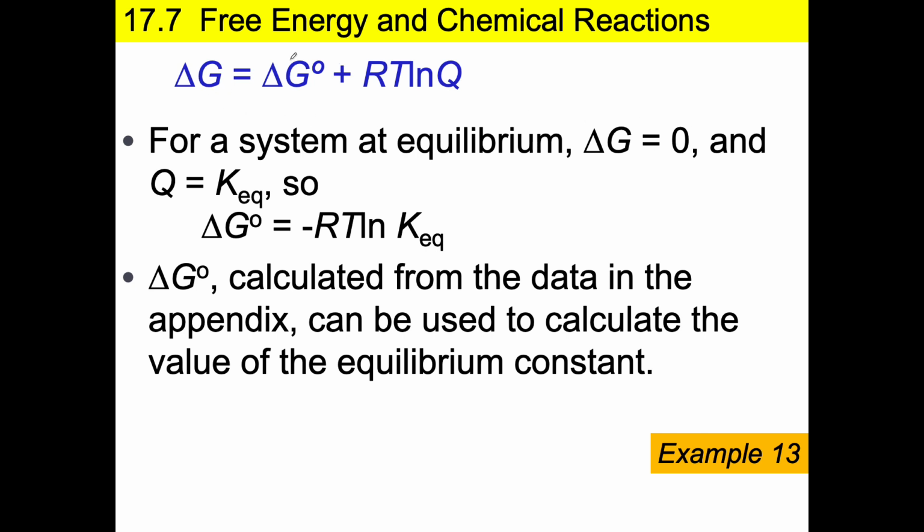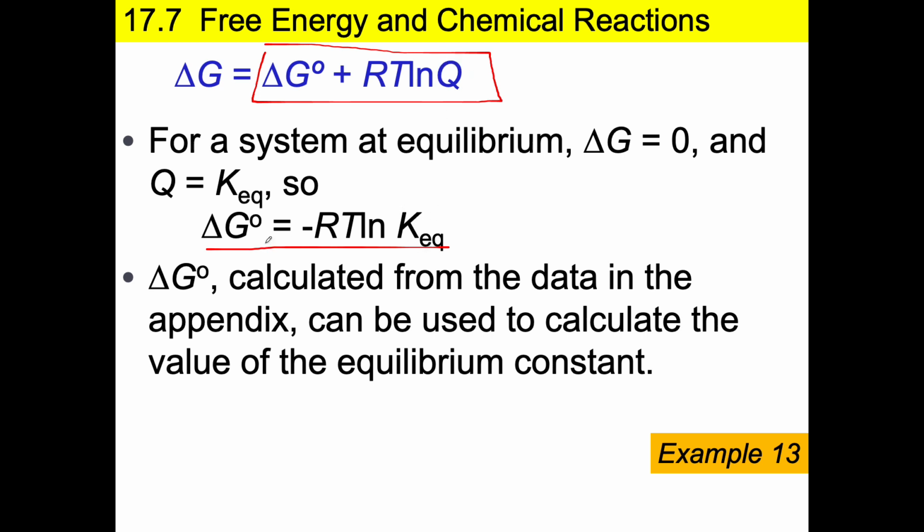So if delta G is equal to 0, delta G0 must be negative RT ln K, because at equilibrium, this Q becomes K, the equilibrium constant.